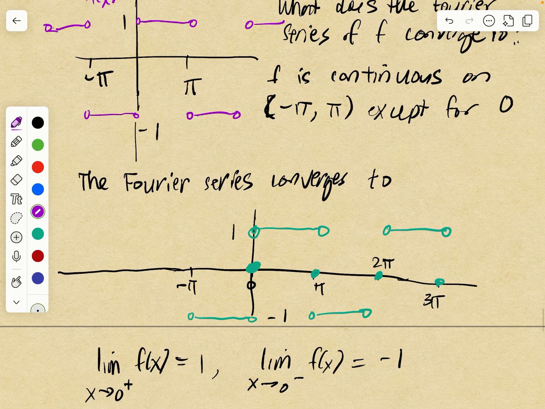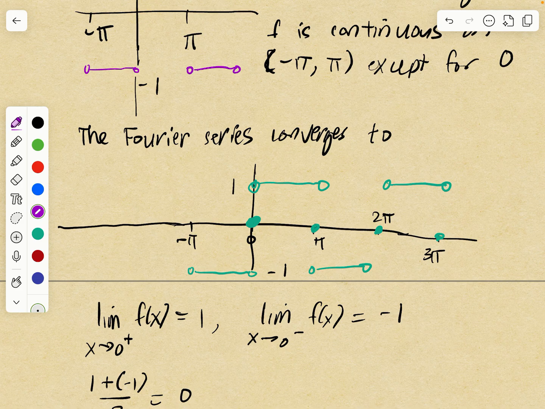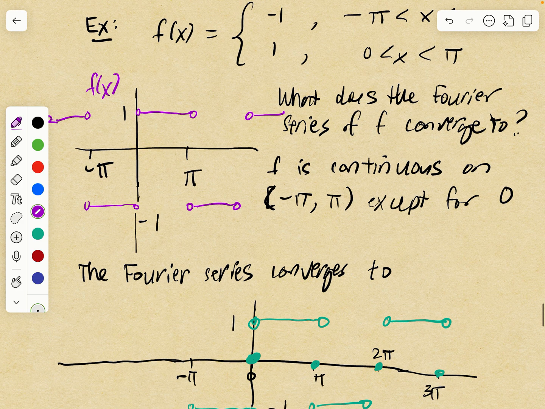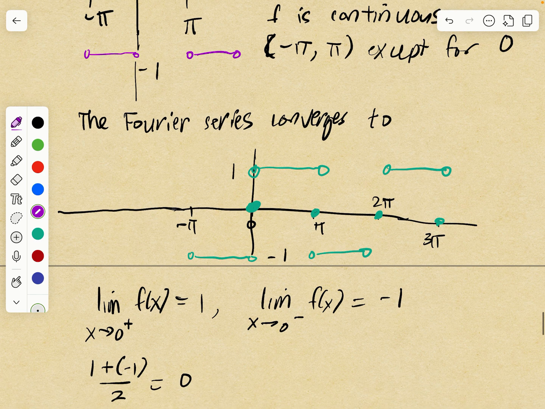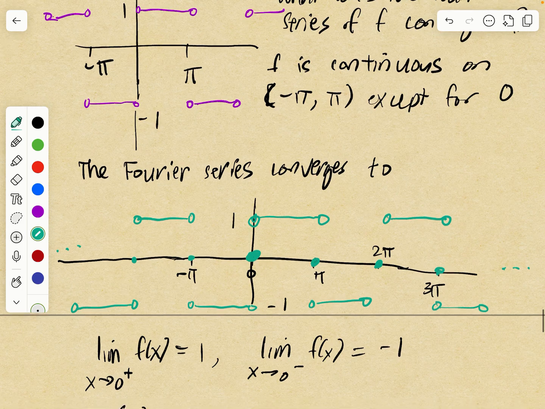Then you can apply the theorem to this function f of x, and the Fourier series will also be periodic like this, and it just goes on forever. In this case, the Fourier series almost looks like the original function. The only difference is that the Fourier series is defined at multiples of pi, and the value at pi is 0.